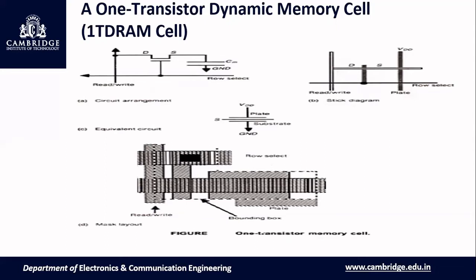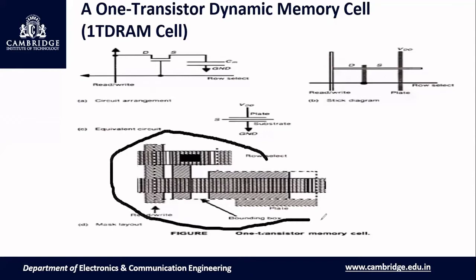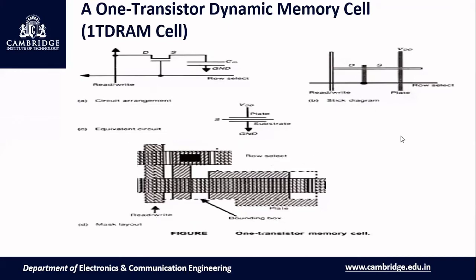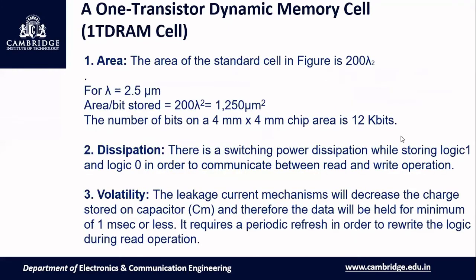Area. Once the layout is drawn, we'll get to know how much area is required. Based on that, we'll try to find area, power dissipation, and volatility.